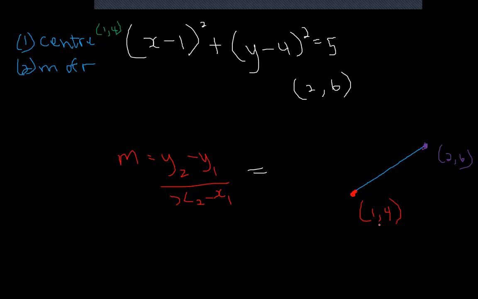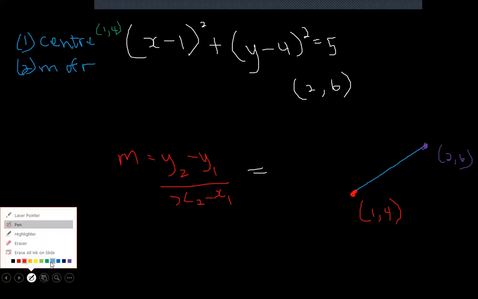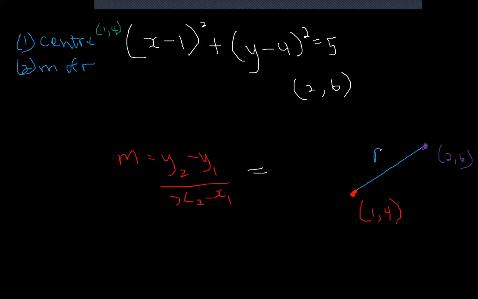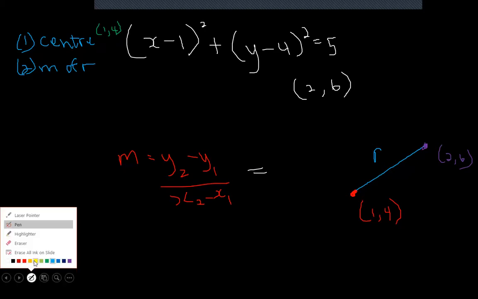In previous classes, we learned that to find the gradient using this formula, you need 2 points on the line. So if this blue line is my radius, and I have 2 points on the line, this red point here and this purple point here, we could substitute these values into this equation to find out what the gradient of the radius is. Again, let me know if I lost you.